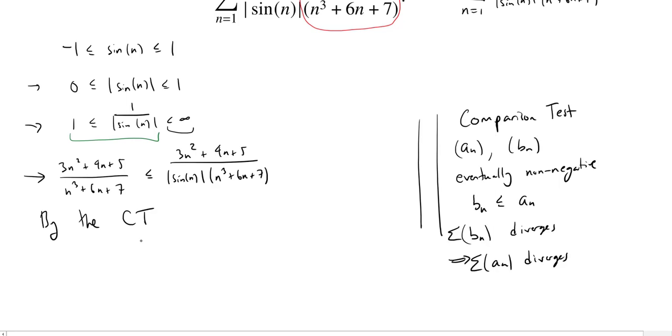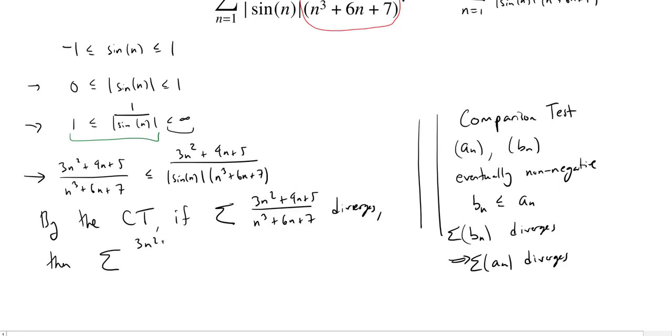So by the comparison test, if we can show that the series for (3n squared plus 4n plus 5) over (n cubed plus 6n plus 7) diverges, then we will know that the series for our original sequence, (3n squared plus 4n plus 5) over the absolute value of sine of n times (n cubed plus 6n plus 7), diverges.